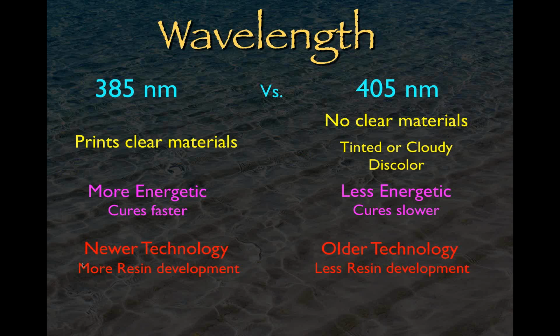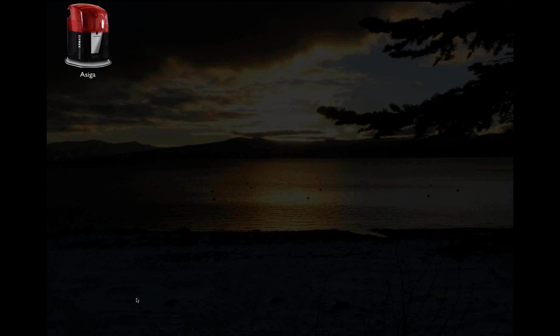So perhaps this might be a better choice based on what comes down the pike in the future for more and different types of resins for applications in our industry. And again, quite a big difference here in cost. The UV light sources are just more expensive than the visible light sources in these printers.